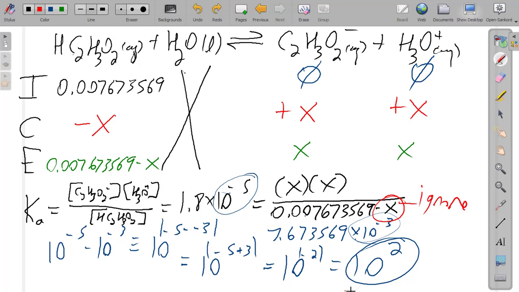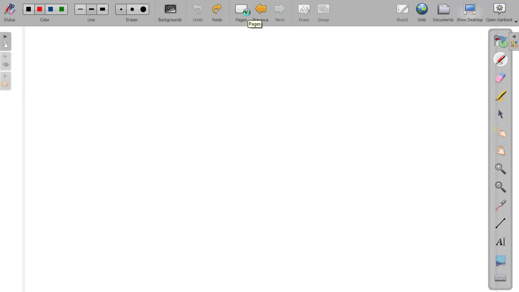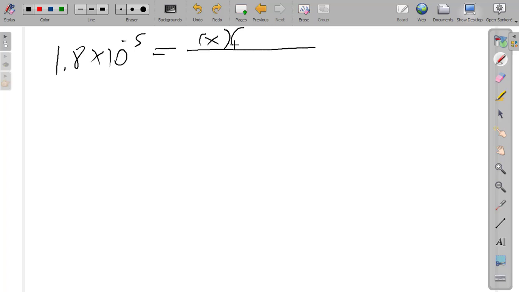All right, so now I've filled up this page. I'm going to add a new page here then. And so going back to what I have then, I had the 1.8 times 10 to the minus fifth equals X times X over the 0.007673569. But now I can get rid of that minus X because it's negligible.